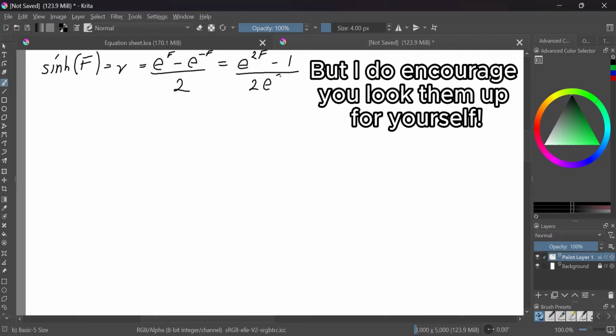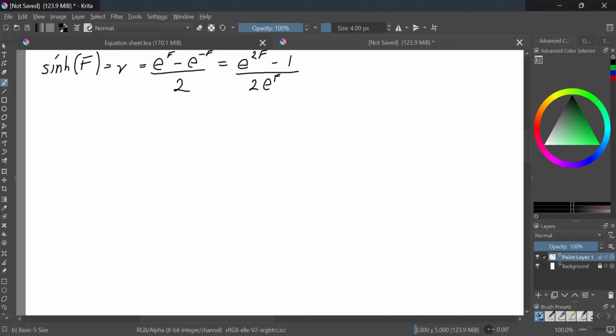We are using this because it is easier to solve for f this way, is really why I'm doing it. So let me rewrite it. All right, so we will put everything on one line.